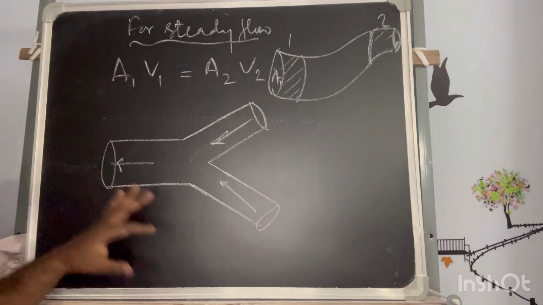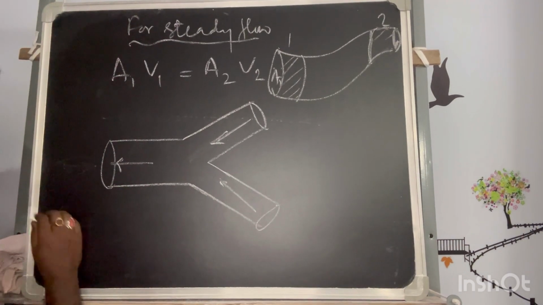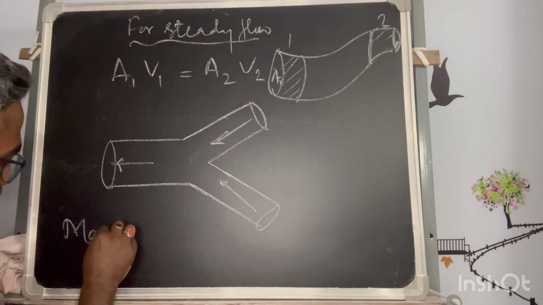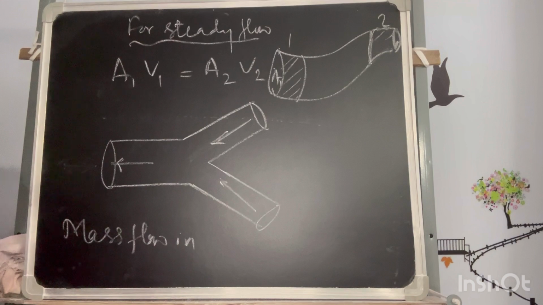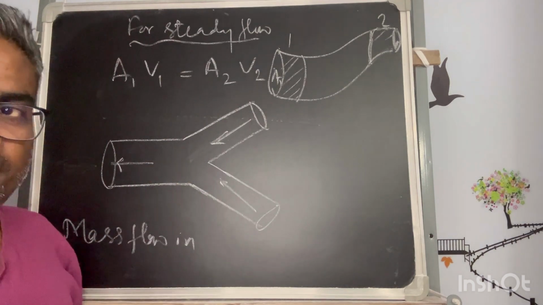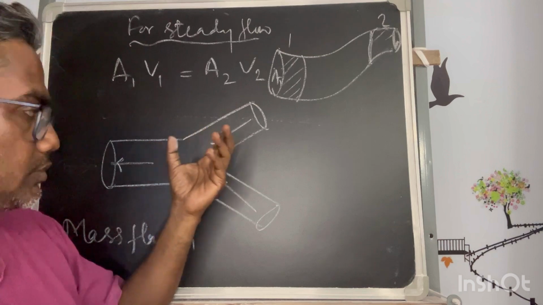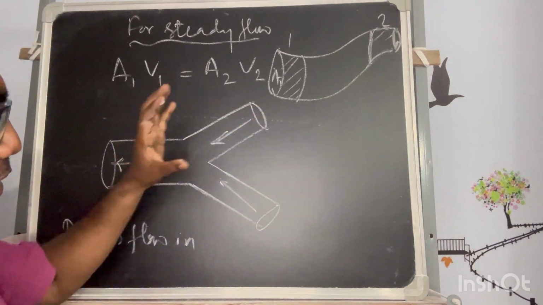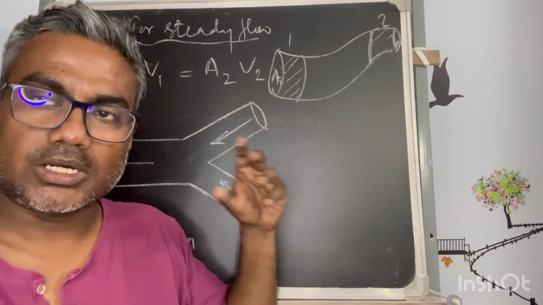So the mass flow in from any segment of the path, one assumption has to be there: there is no mass loss out of the system.